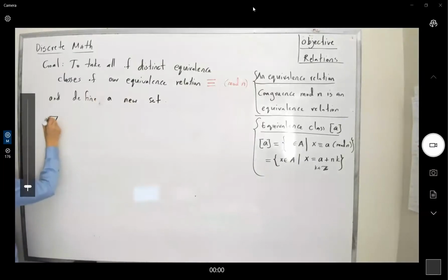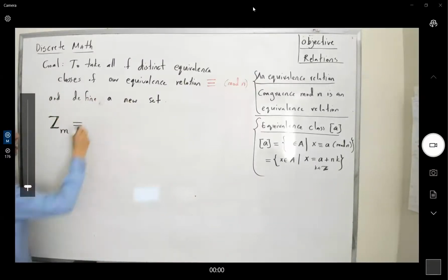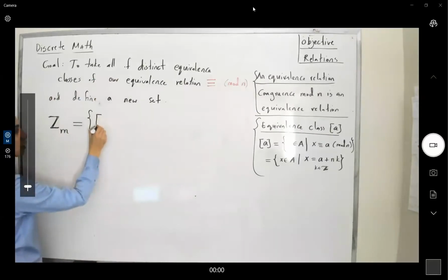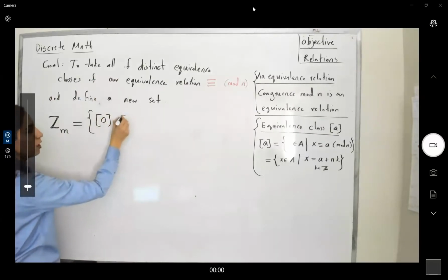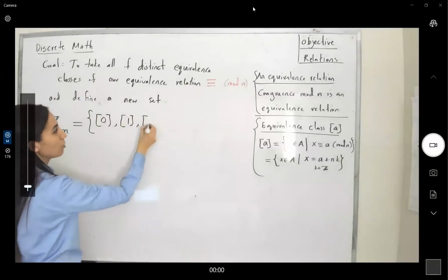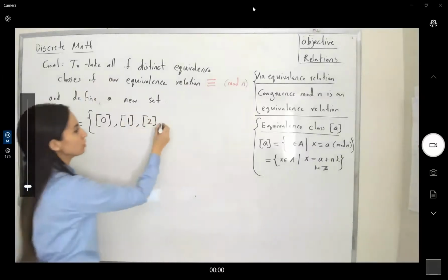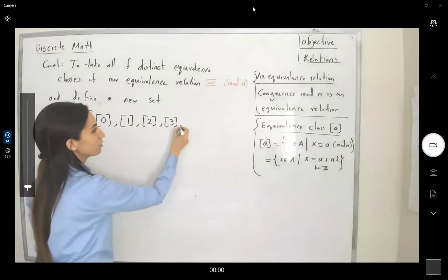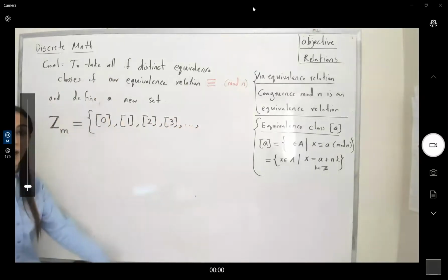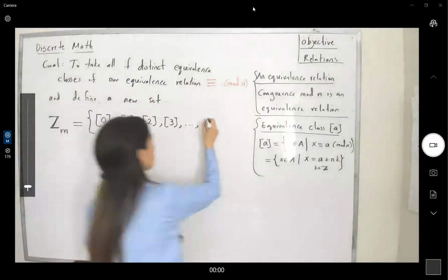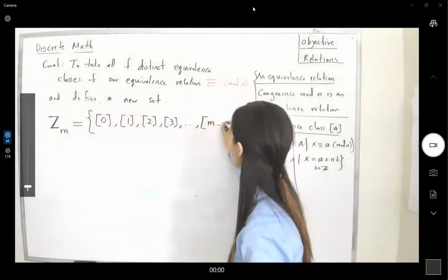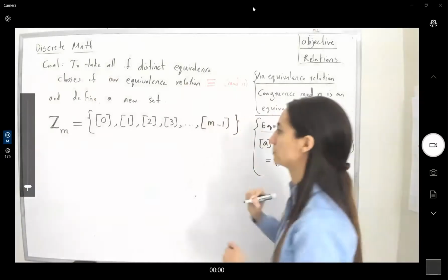This set is denoted this way: Z sub n, which is equal to the set of all of these distinct equivalence classes: the equivalence class of 0, of 1, of 2, of 3, the rest of them, stopping at the equivalence class of n minus 1.